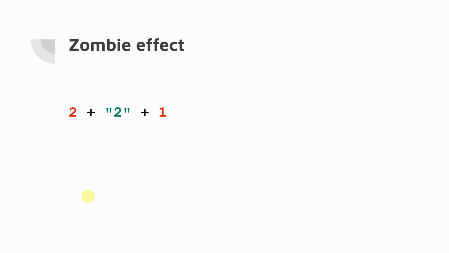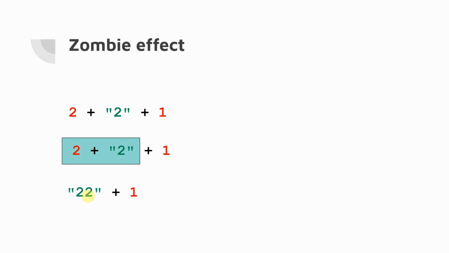Let's look at this example. Here the first 2 is a number, the second "2" is a string, and then plus 1. As it starts from left to right, first these two operands will be calculated. This number 2 is interacting with a string, so the string 2 will turn it into a zombie as well, I mean a string as well.